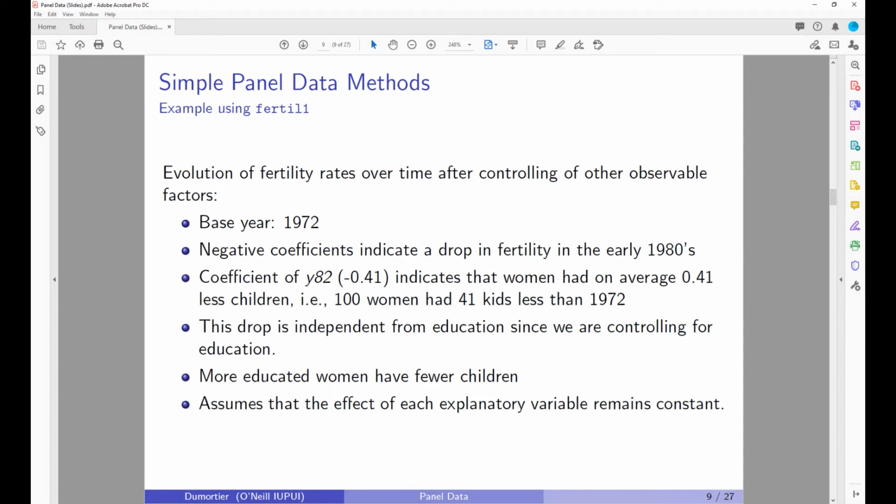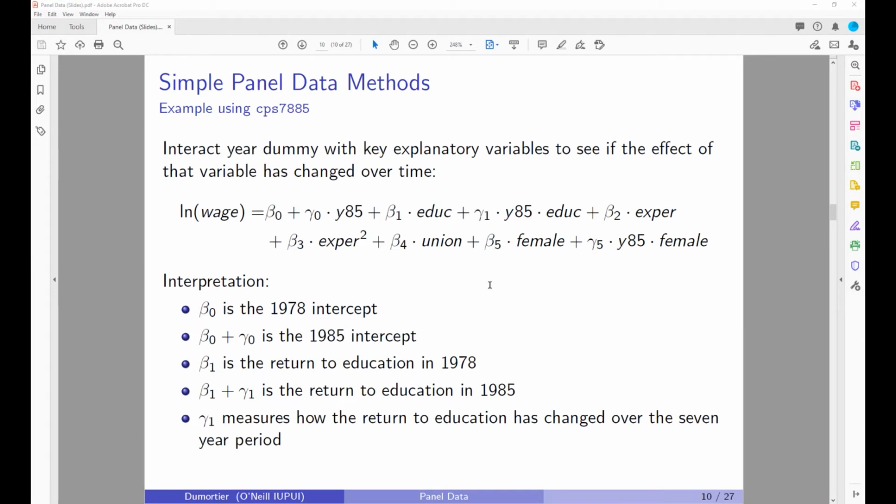Okay? The second example, which I would like to cover, is from the current population survey. And again, this is slightly older data from the book that I mentioned before, and it is for data between 1978 and 1985.